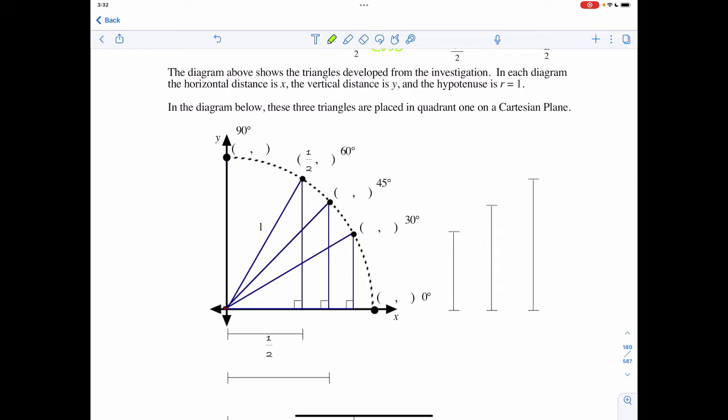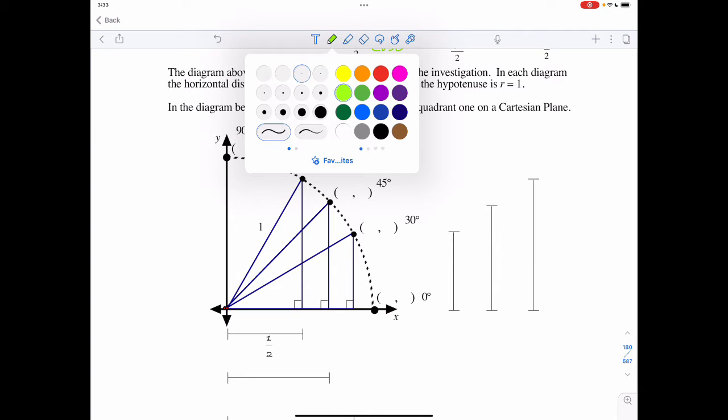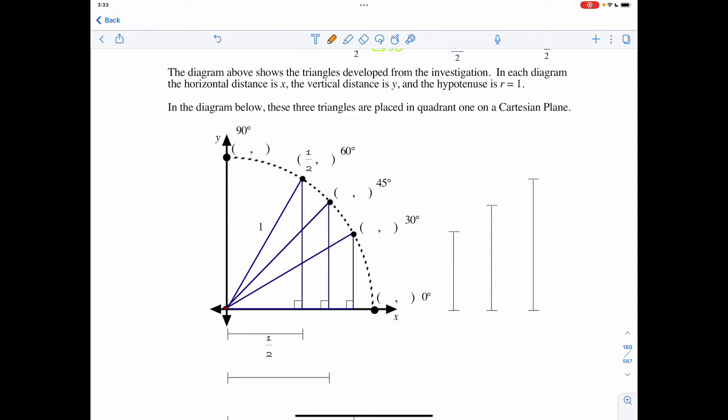So going from 0 to 90 degrees, I can state that my cos values are going to be 1, root 3 over 2, root 2 over 2, 1 over 2, and 0.